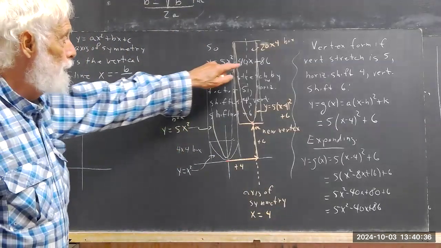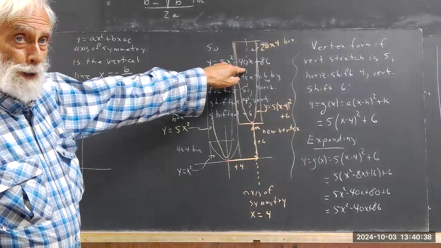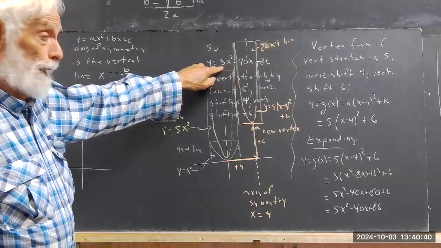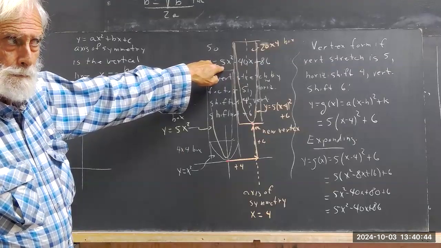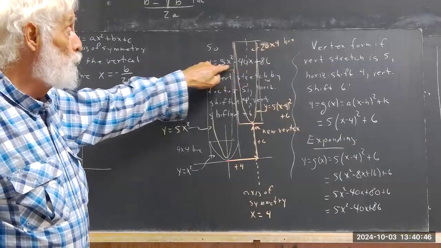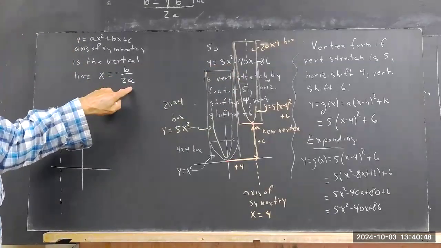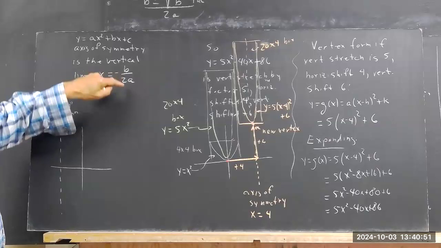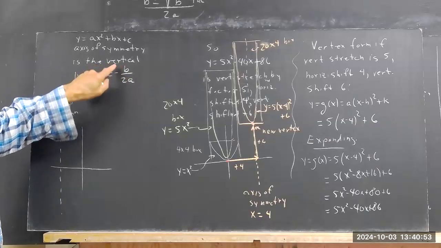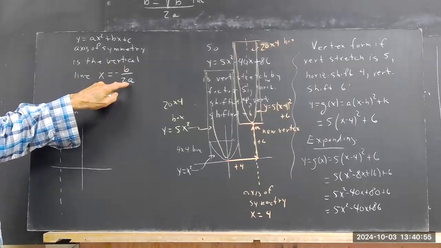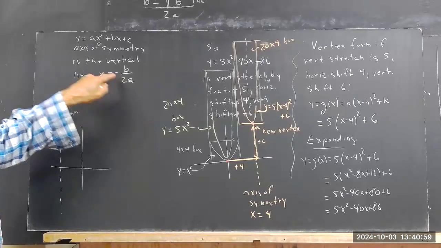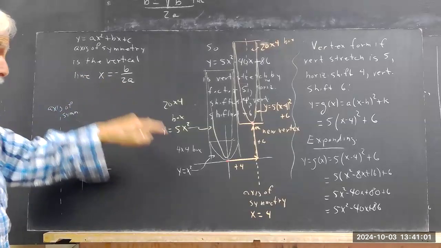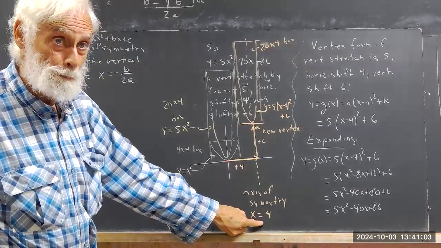If you divide b, which is negative 40, by a, which is 5, you get negative 8. But if you divide by 2 times 5, which is what this says, b is negative 40 and 2a is 10, this gives you negative 40 over 10, which is negative 4. Then you've got a negative out front, which gives you the positive 4, and there's your axis of symmetry.